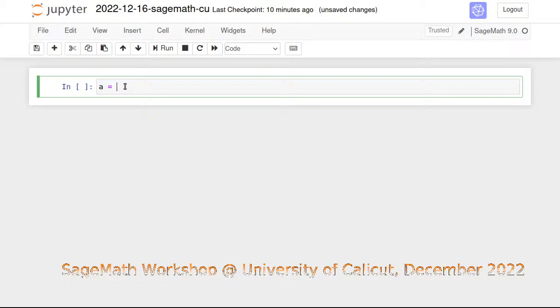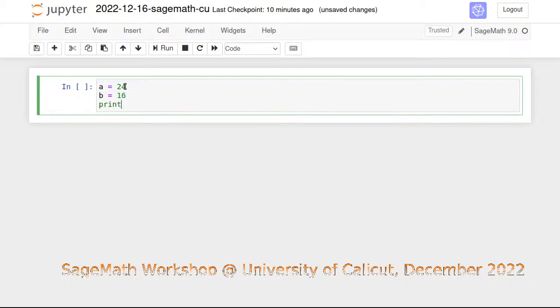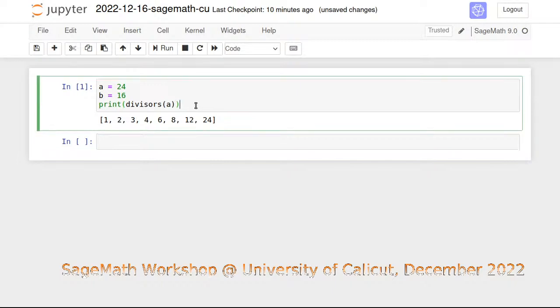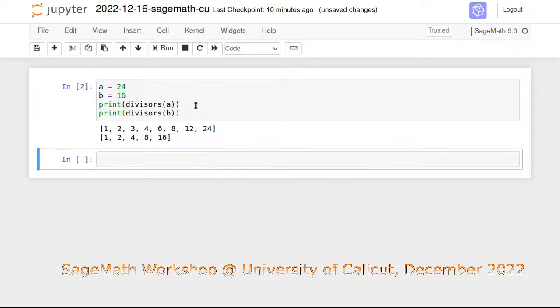So suppose that we initialize with a is equal to some number, say b is also equal to 16, then divisors of a. We'll simply print all the divisors of a. Similarly, divisors of b will give the divisors of b.